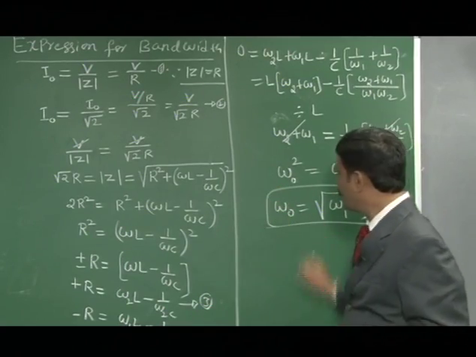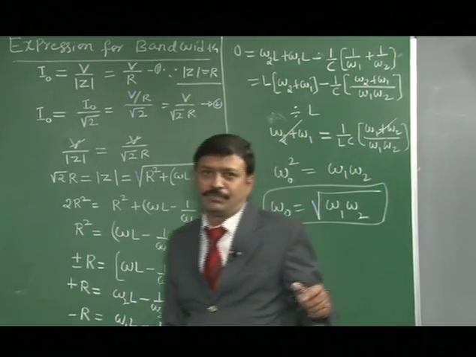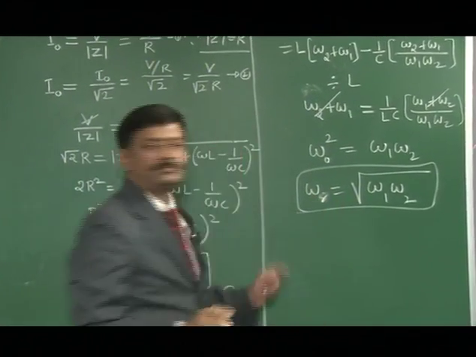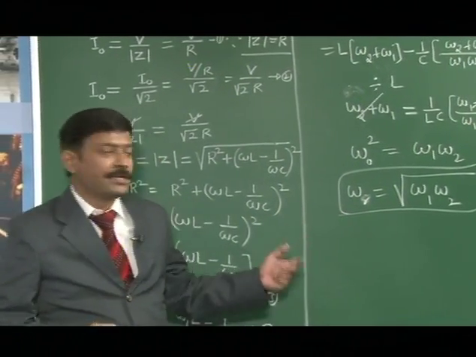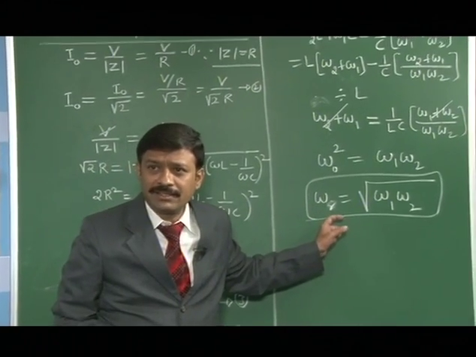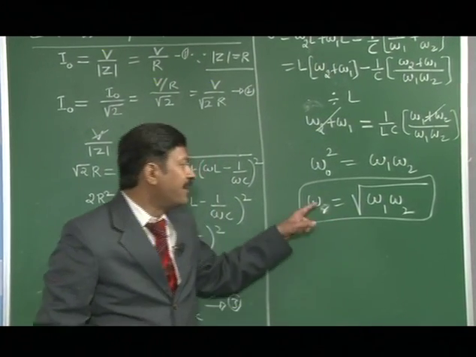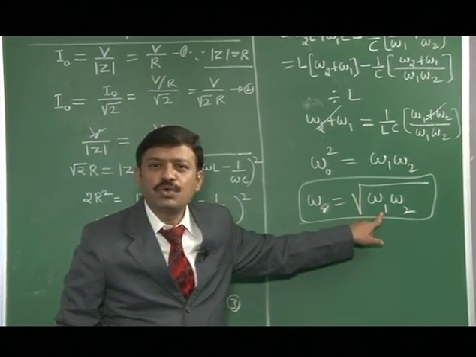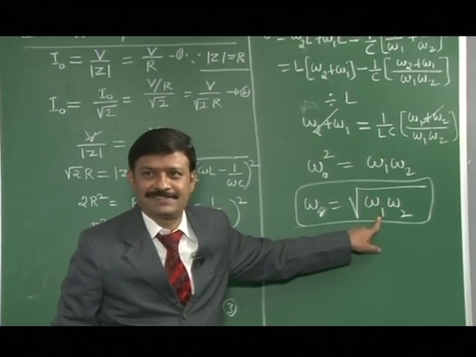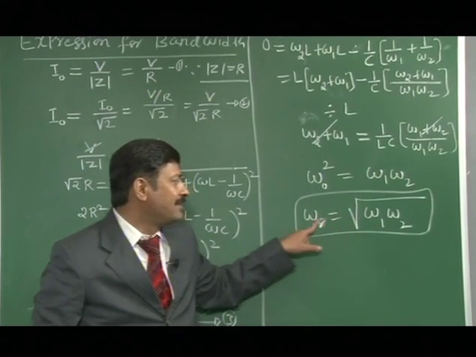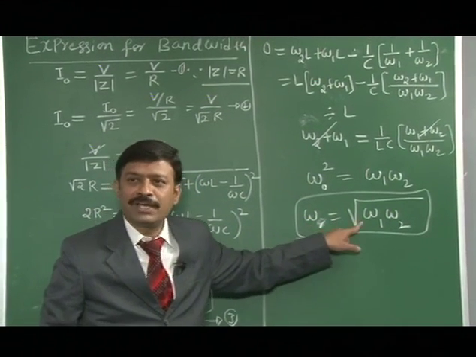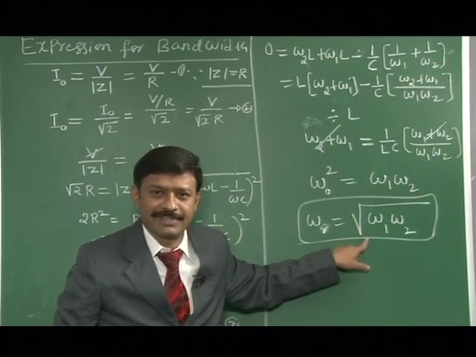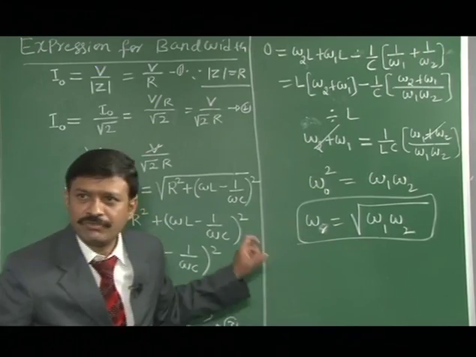Sometimes we write it as omega r, the resonating frequency. So with this expression we came to the conclusion that the resonating frequency is the geometric mean of the two half power frequencies. I will repeat, the resonating frequency is equal to the geometric mean of the two half power frequencies. This is one expression we got.